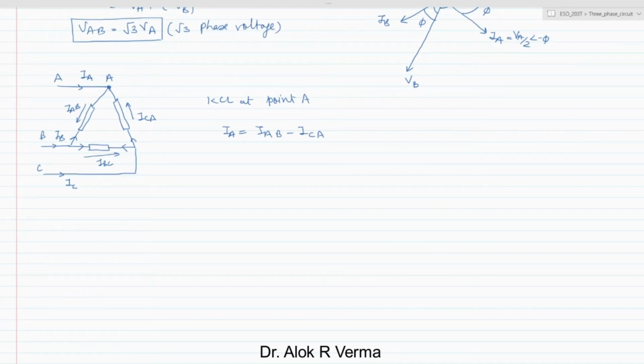If IA is getting divided, IAB minus ICA, and the line current IB is nothing but IBC minus IAB, and IC is nothing but ICA minus IBC. So this is how we have drawn these currents.